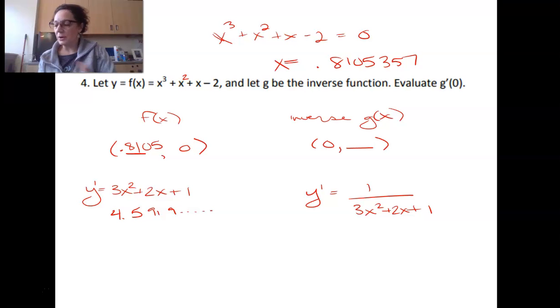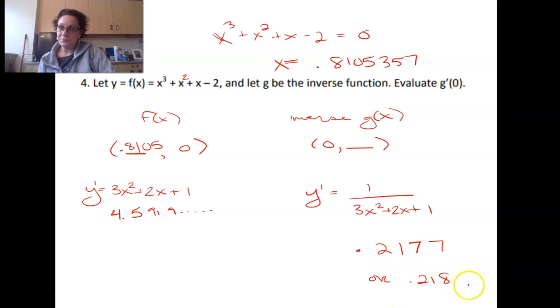I'm going to hit inverse, because that's going to give me the number I need for over here. And that is 0.217 or 0.218, because the next decimal place here is a 7. So AP allows you to either truncate, meaning just cut off, or round. So both 0.217 and 0.218 would be acceptable here.